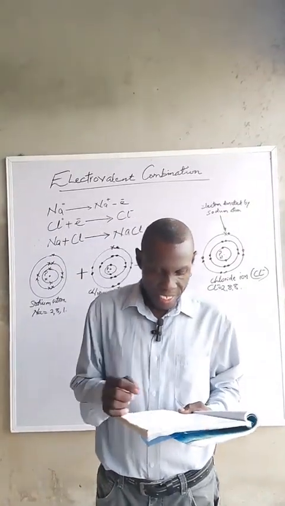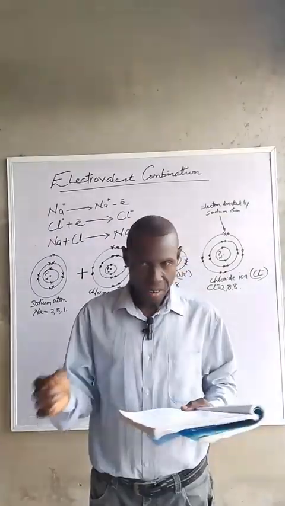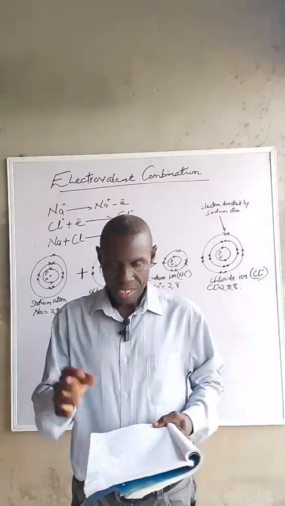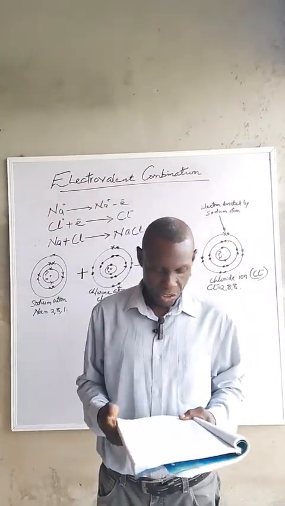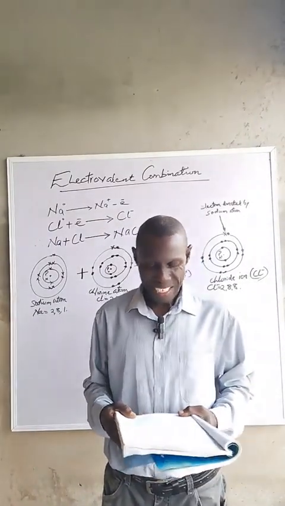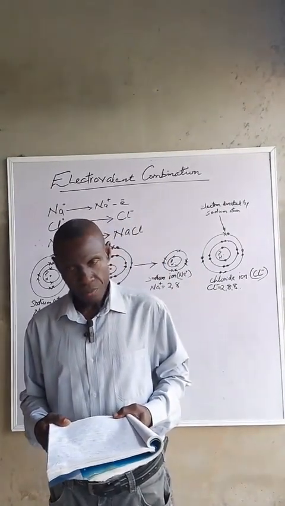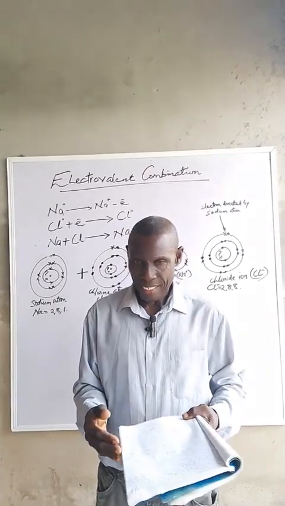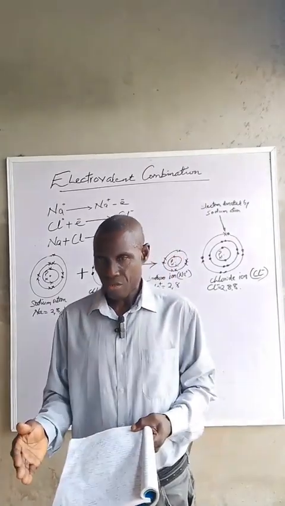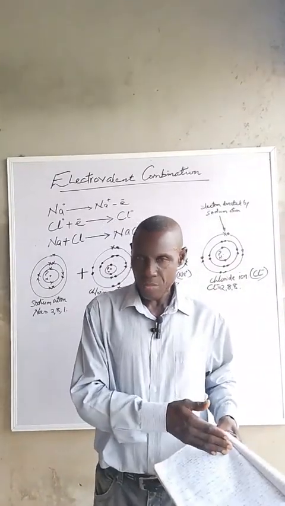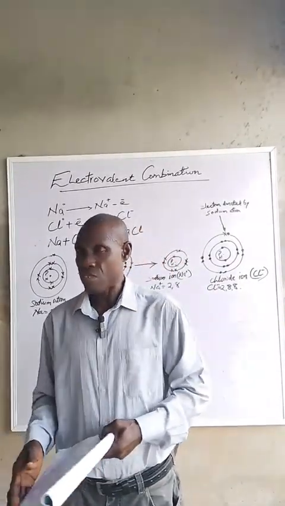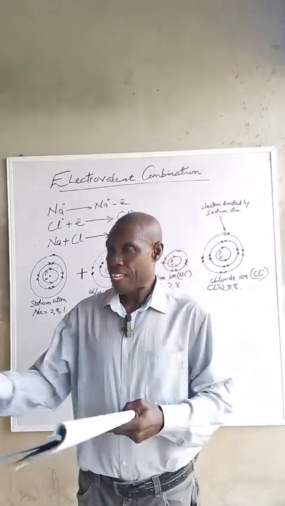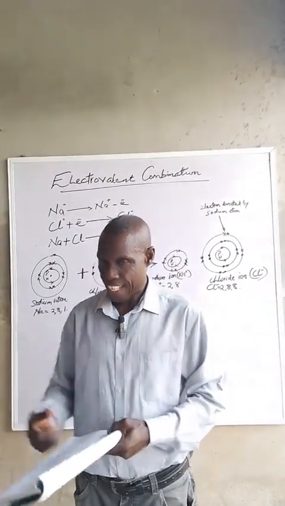So, this transfer of electrons, by which one donates and another accepts, is called the donor-acceptor principle. In other words, the metal atom will donate electron, and the non-metal atom will accept electron.